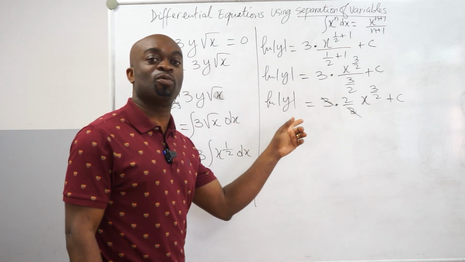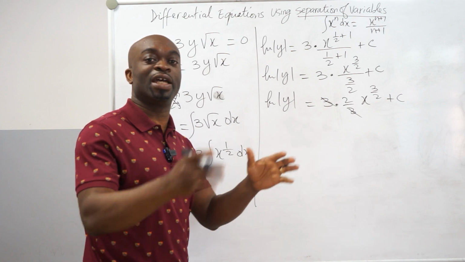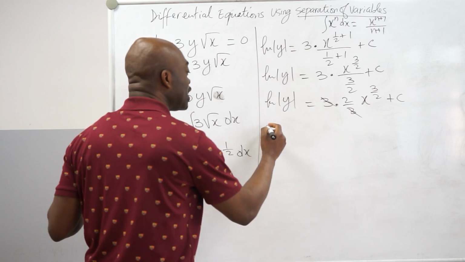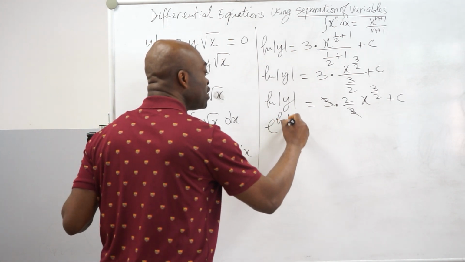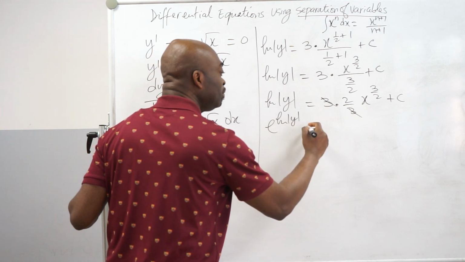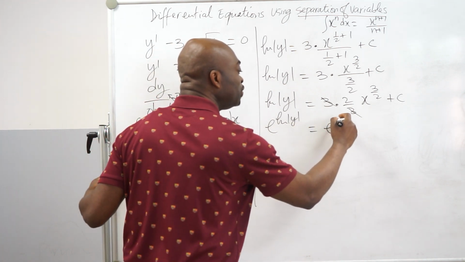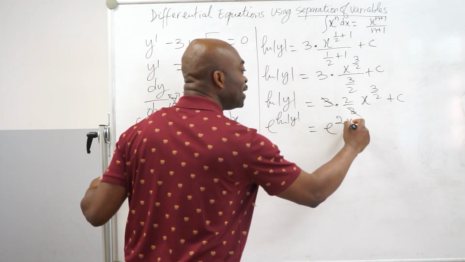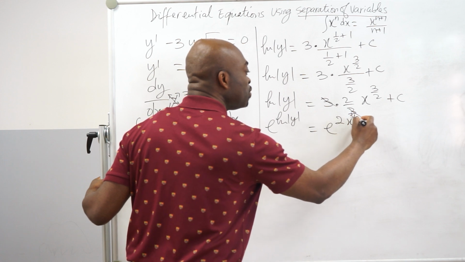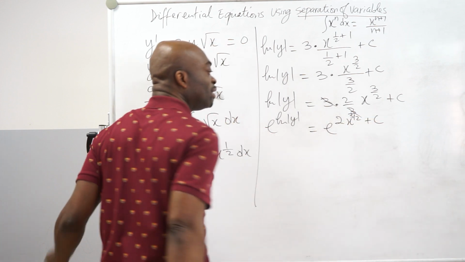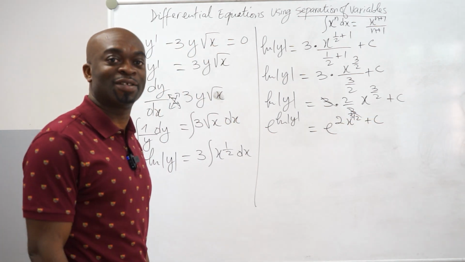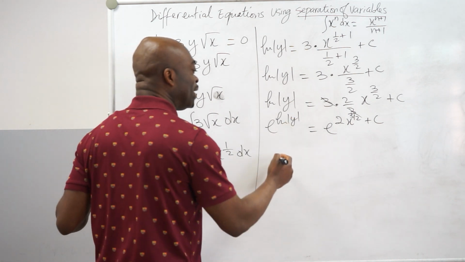Now we're trying to get y by itself. What do we need to do? The inverse, which is the exponential. So exponential of ln here, exponential of 2x^(3/2) plus c. All right, so far so good. Then what's going to happen here?